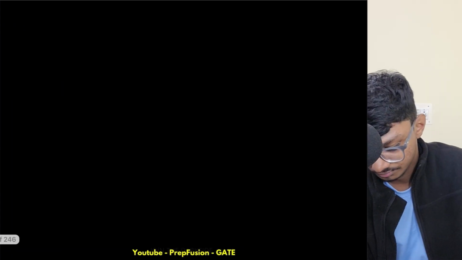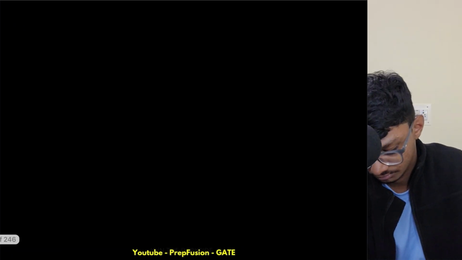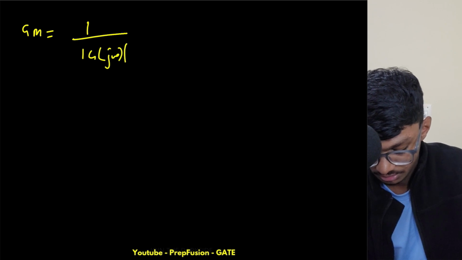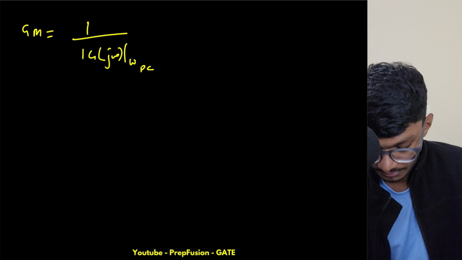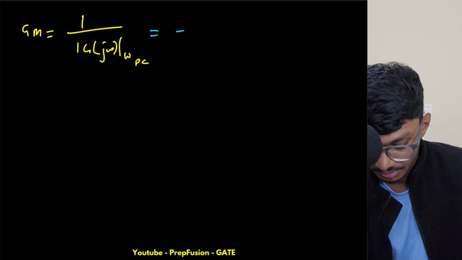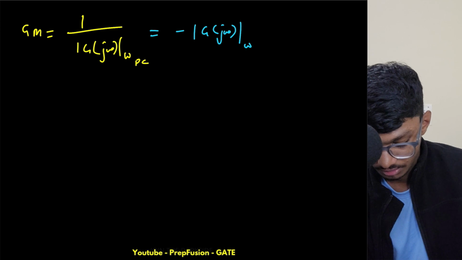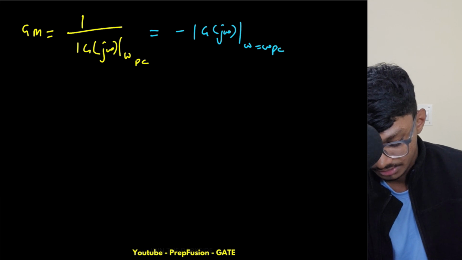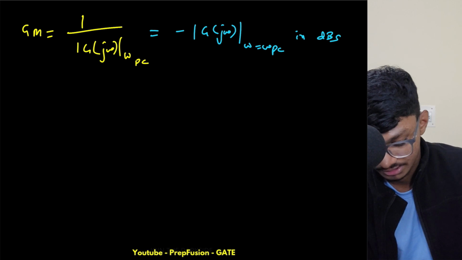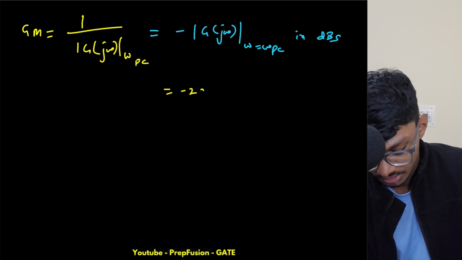The gain margin is simply 1 by the magnitude of this transfer function at omega pc, which in dBs is minus the magnitude of G(j omega) at omega equals omega pc. Currently this is 20, so my gain margin equals minus 20 dBs.